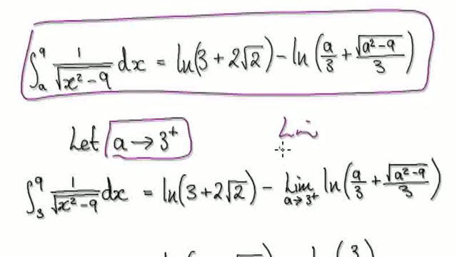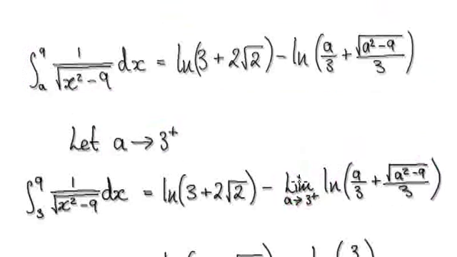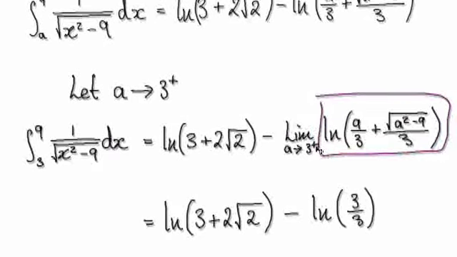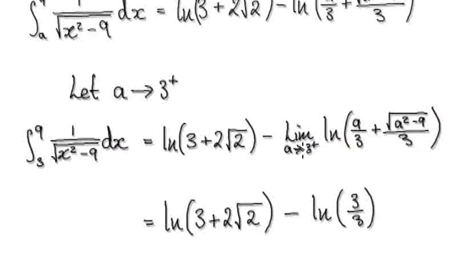So really you're taking the limit as A tends to 3 from the right hand side of this thing here. When A tends to 3 from the right hand side, this thing here will be 1, that's 3 over 3. And then A squared here would be 9.